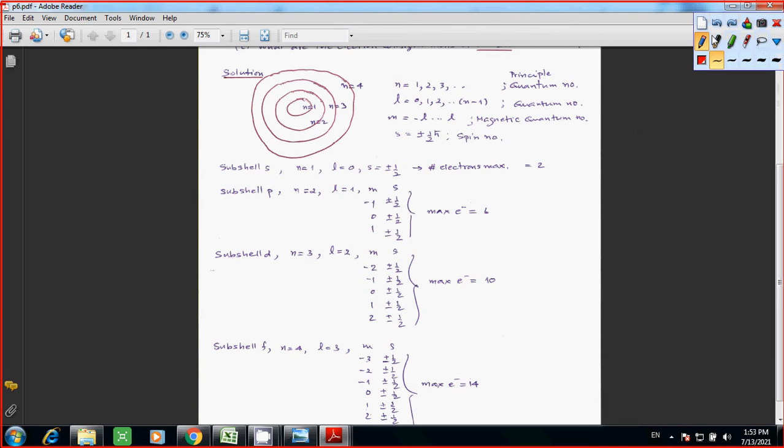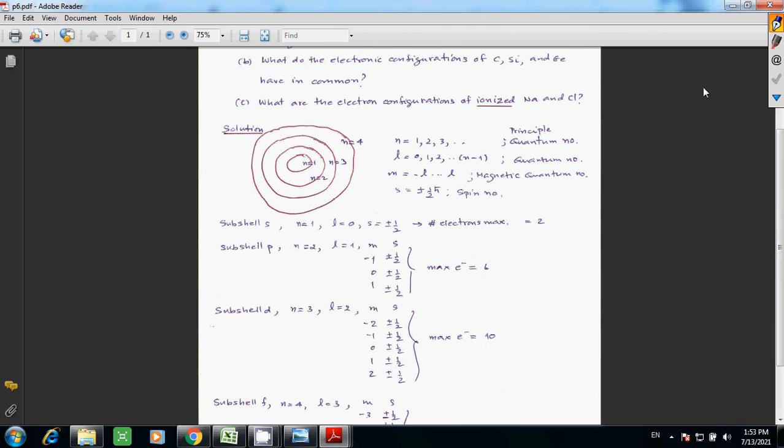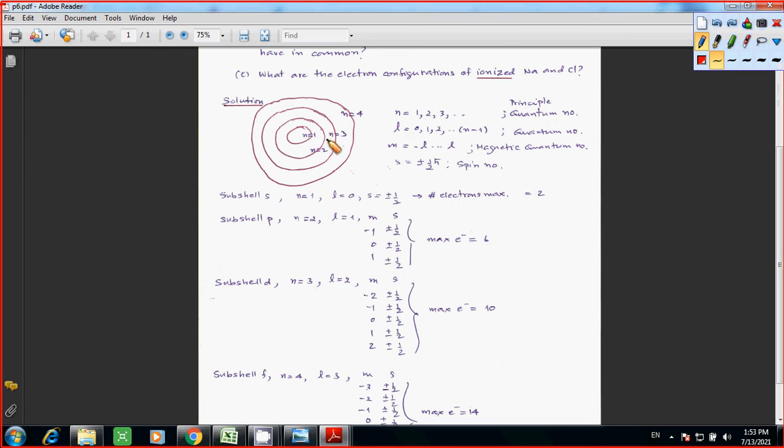Now to see what the maximum number of electrons on s, p, d, f, and g is. You take a look at the subshell s for the innermost orbital. That's for n equal to 1.